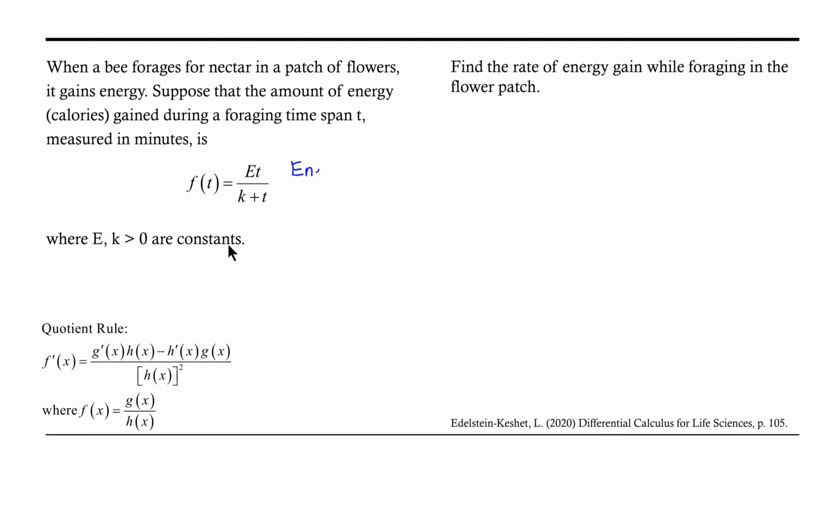So energy gained is modeled by this function we have been given. And now we're being asked to find the rate of energy gain while foraging in the flower patch. So rate of energy gain is referring to a rate of change for f of t.